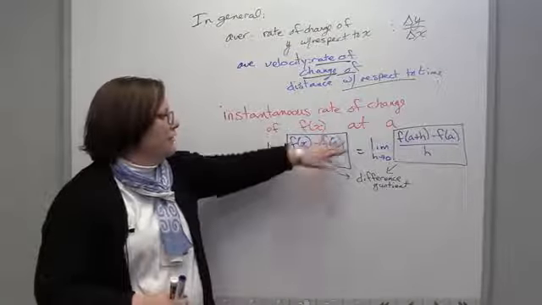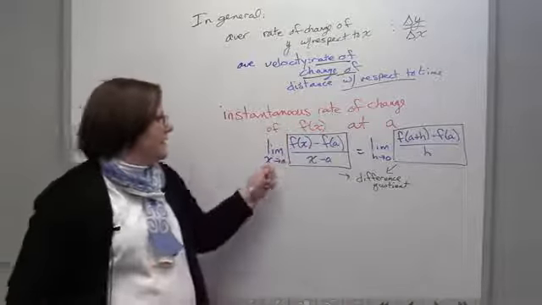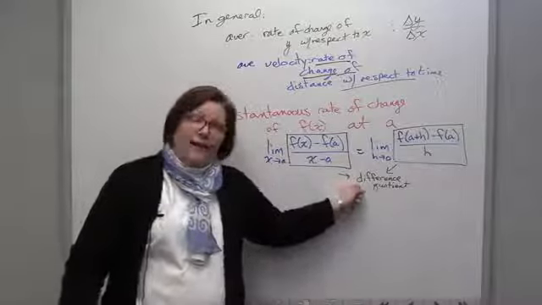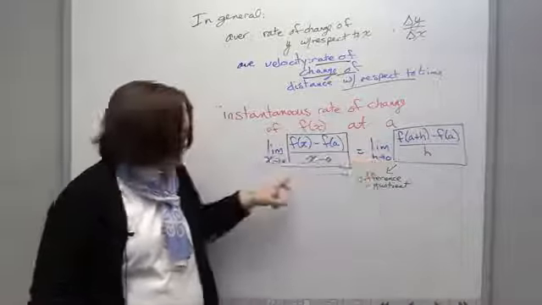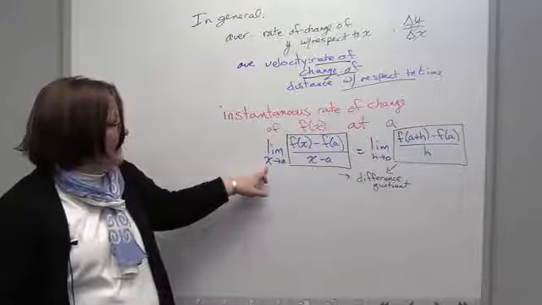They are a quotient of differences. And what you're doing is you're looking at the values of these difference quotients as either h goes to 0 or as x goes to a.